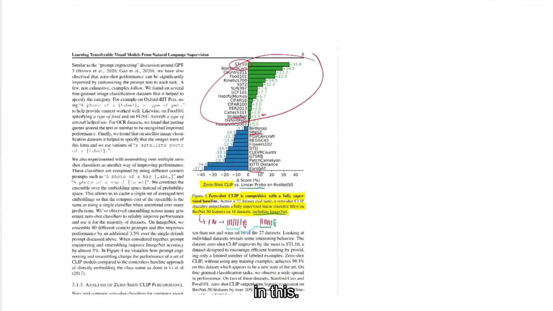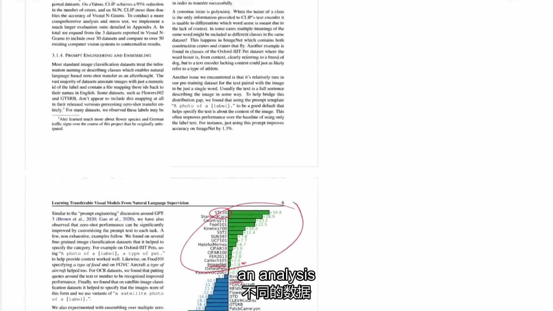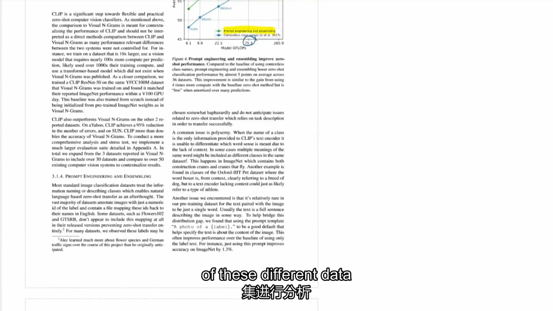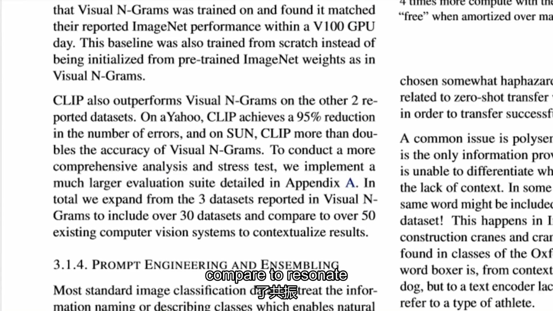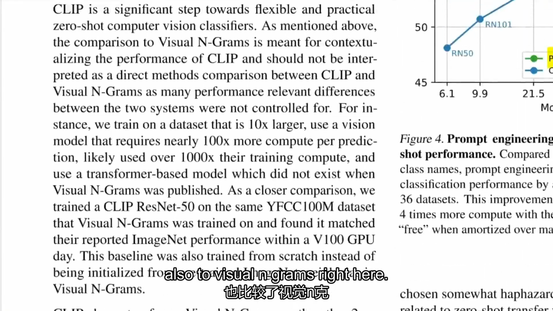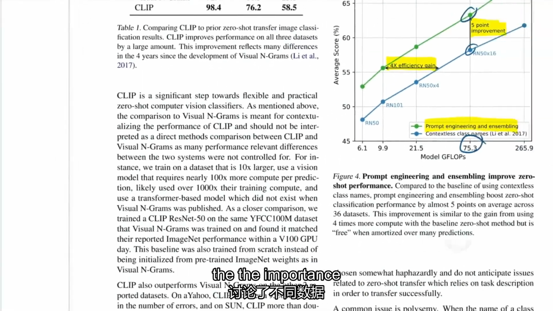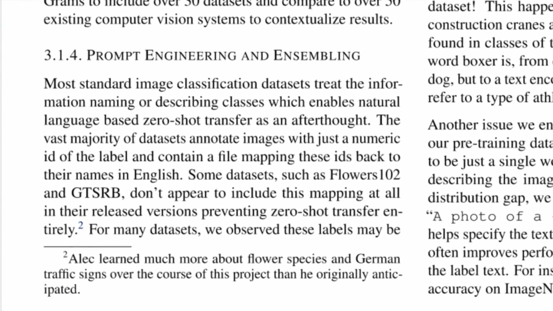So they do an analysis of these different datasets. They compare to ResNet 50 and also to visual n-grams right here, and they discuss the importance of the different datasets. Oh, I found this to be very interesting.